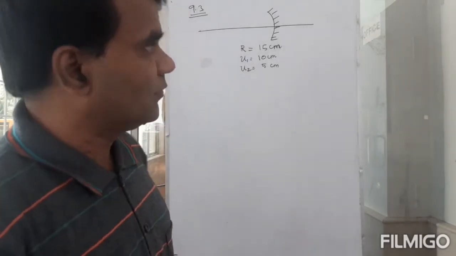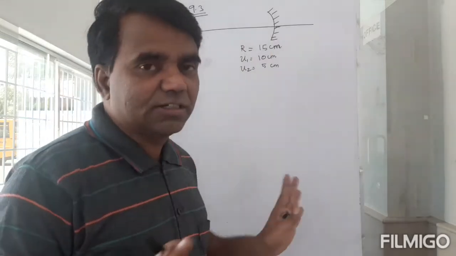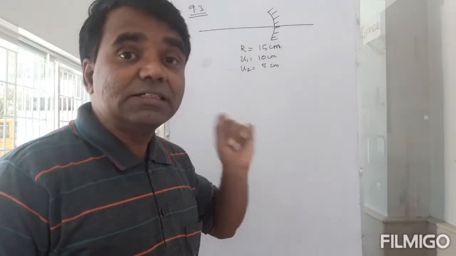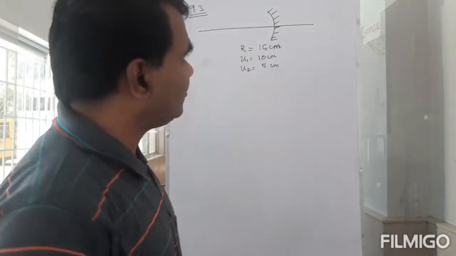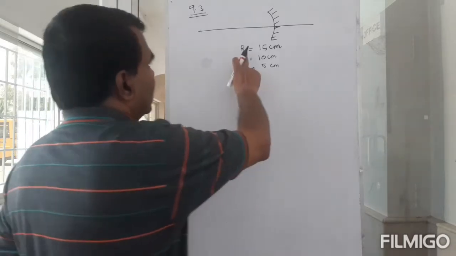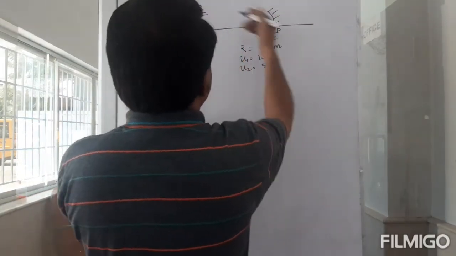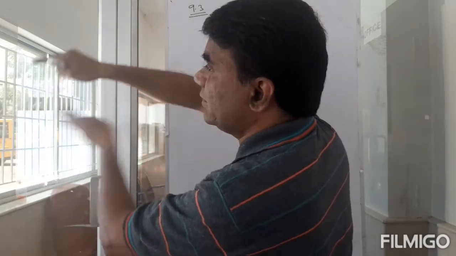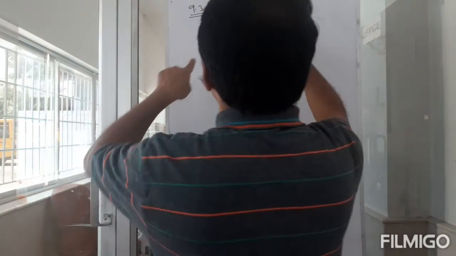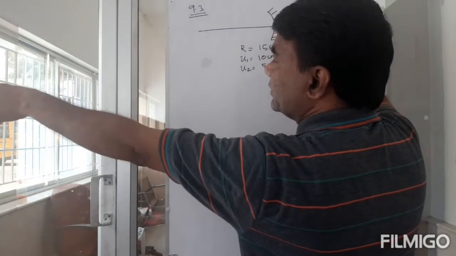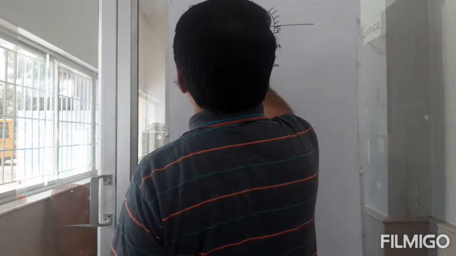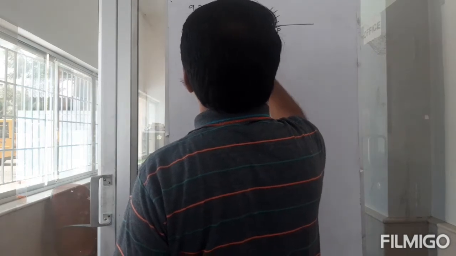But notice here, I can't just take these numbers straight away. I need to assign signs to them. Okay? First, R is 15 centimeters. So this is the pole, and the radius is going to be in this direction, right? So I'm going to measure radius in this direction. The object is going to be kept somewhere here. Let's say this is the object.